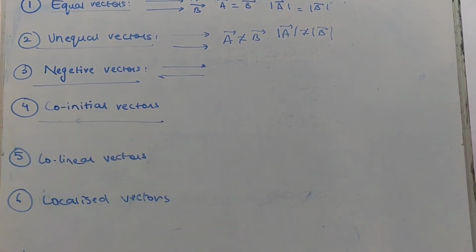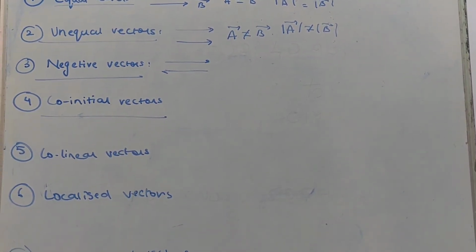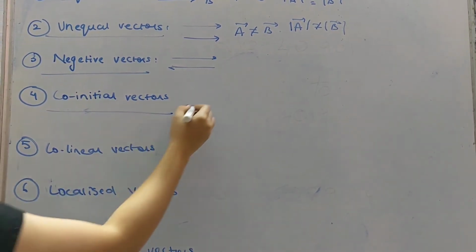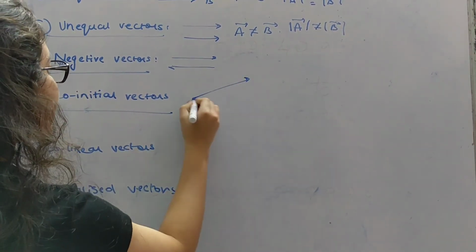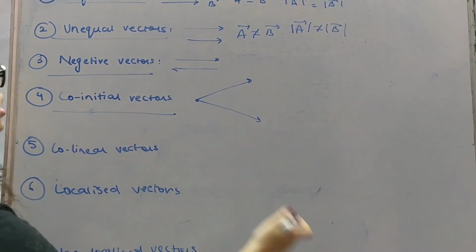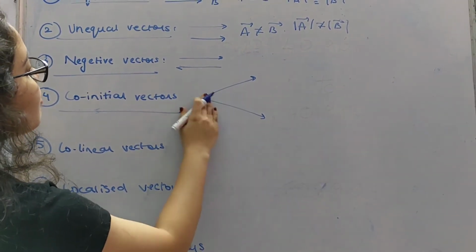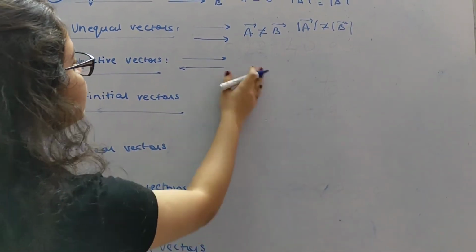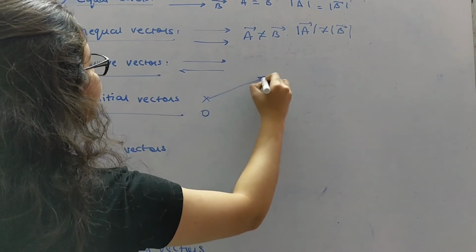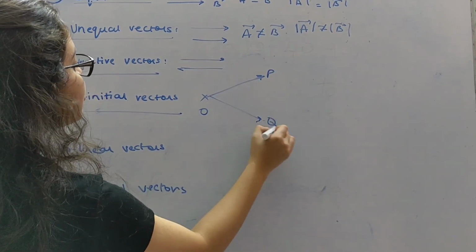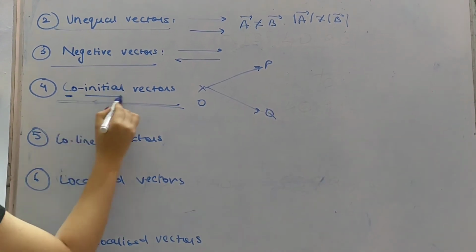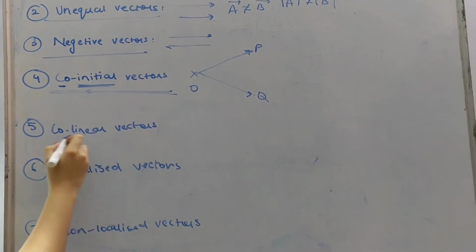Next, we have co-initial vectors. Co-initial vectors are those which have the same starting point and then they go in any direction. They may be equal, they may not be equal, that is not the point, but they will have a common starting point. So for instance, if O is my starting point for P vector and also for Q vector, then P and Q are said to be co-initial, with the same starting point.